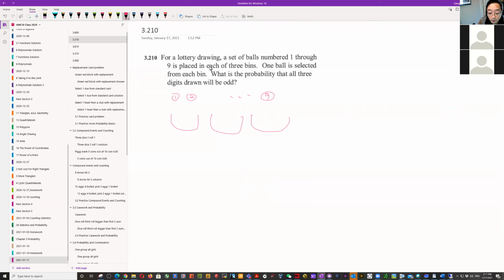What is the probability that all 3 digits drawn will be odd? So all 3 will be odd.